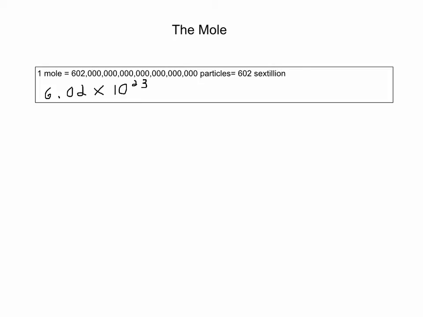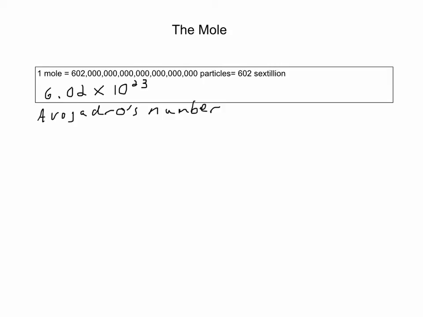And this is actually known as Avogadro's number. So 6.02 times 10 to the 23rd particles in 1 mole of anything. And it doesn't have to be something chemistry related, as I said. You could have a mole of pens. That would be 602 sextillion pens.